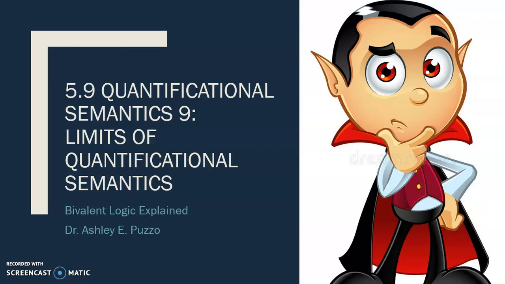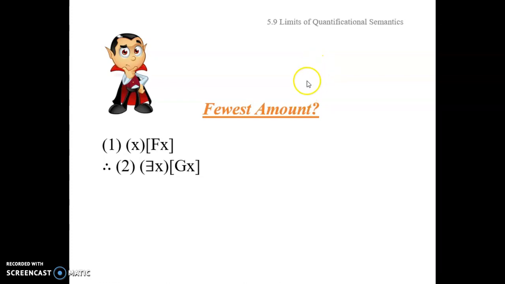So let's rock. In this section we're going to be talking about the limits of quantificational semantics, and that's going to include some things about what can and cannot be demonstrated about, in particular, invalidity, which has been our primary focus through the chapter, how to demonstrate invalidity using tableau techniques.